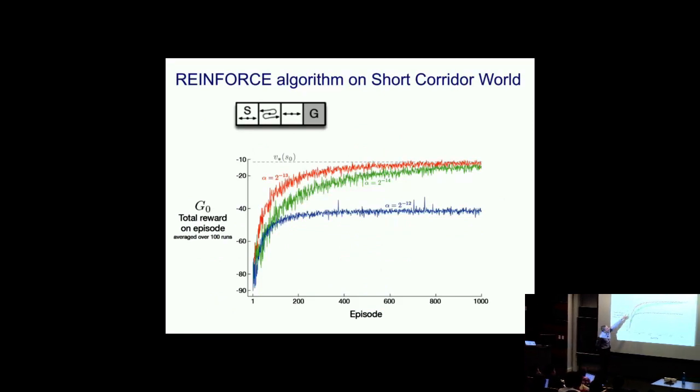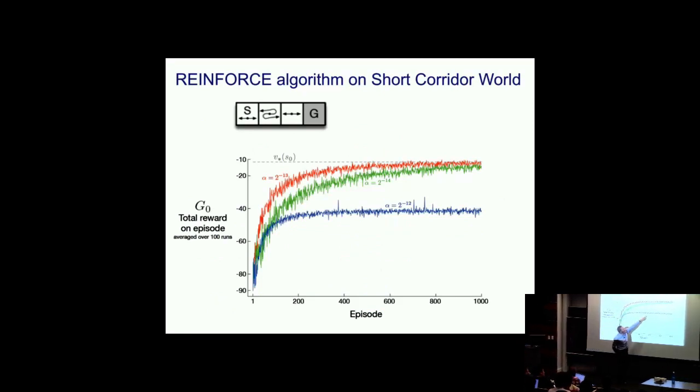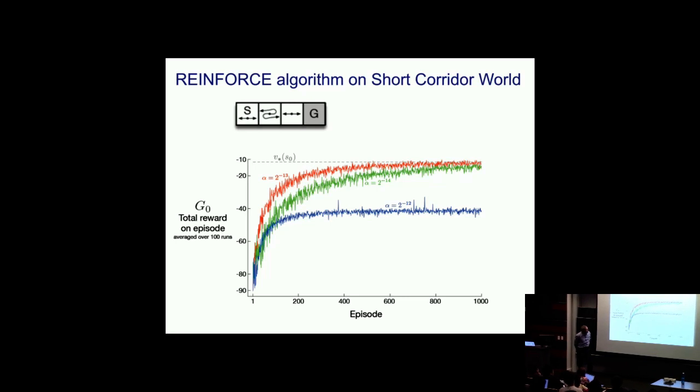These different runs differ only by the learning rate, alpha. Each curve here is a different learning rate. But you can see that after hundreds, but not thousands of episodes in this very simple world, those algorithms are reaching some interesting policy. You can also see that the choice of learning rate matters.